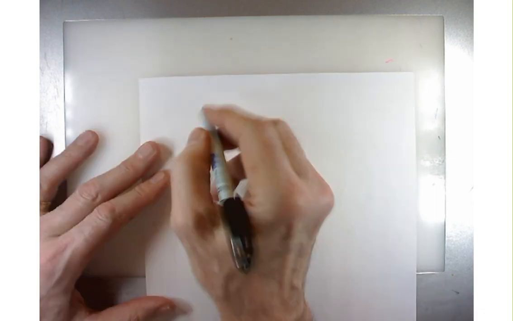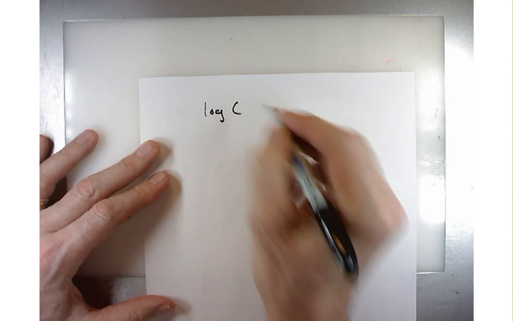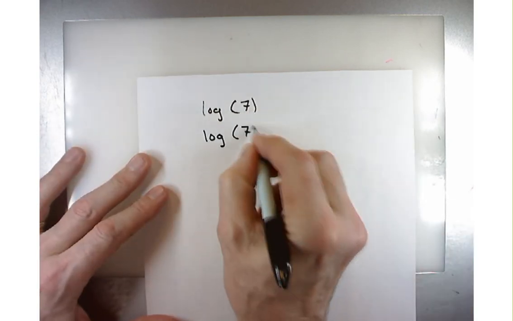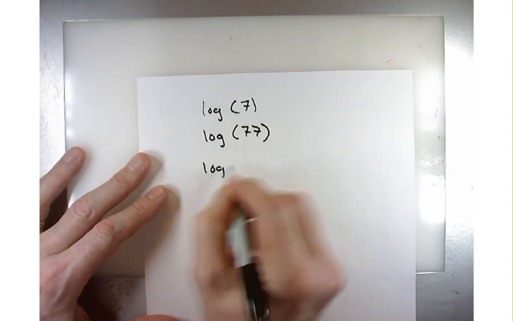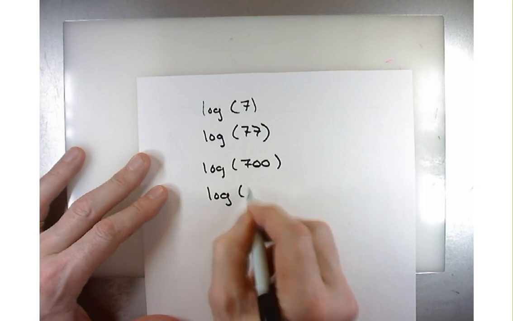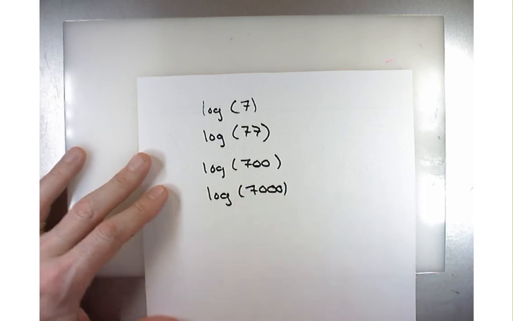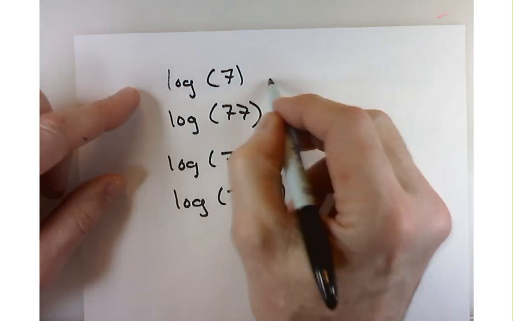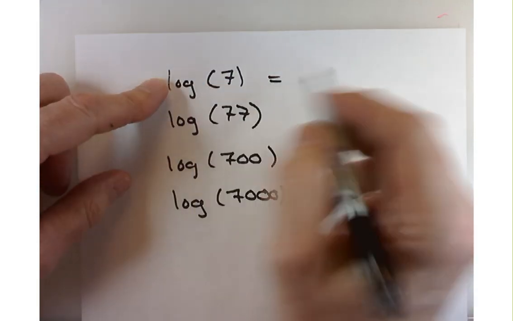If you take the log of, say, 7, log of 77, log of 700, log of 7,000, you're going to start to see a little bit of a pattern. The first is going to be a number between 0 and 1.